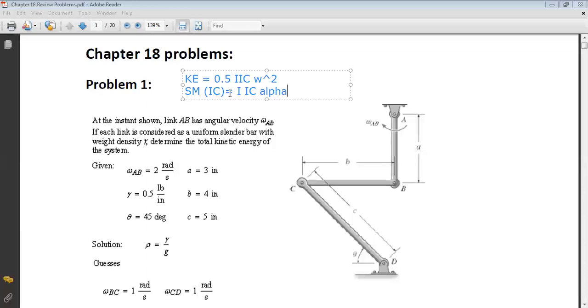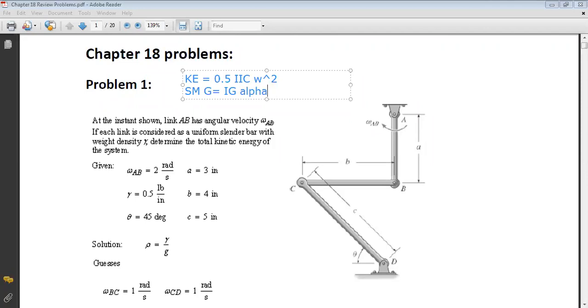So never use IC to calculate accelerations, and never use IC to say that sum of moment is equal to inertia about IC times alpha. This is only applicable for one particular case, which is a uniform disk. In any other case, you cannot apply it, so don't apply it at all. To be on the safe side, when you have general plane motion, just say that sum of moment about G is equal to IG times alpha.